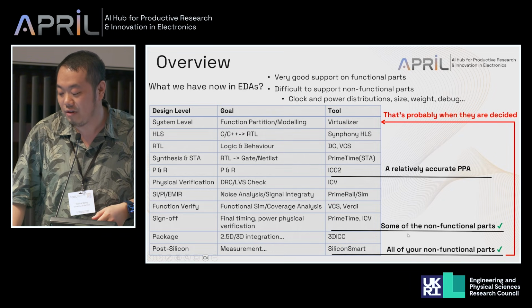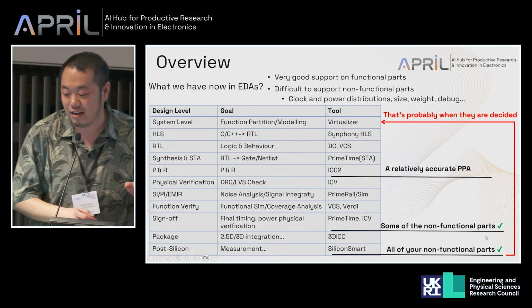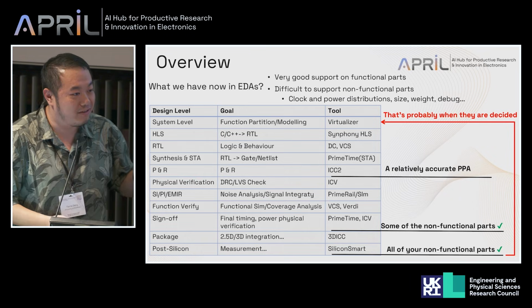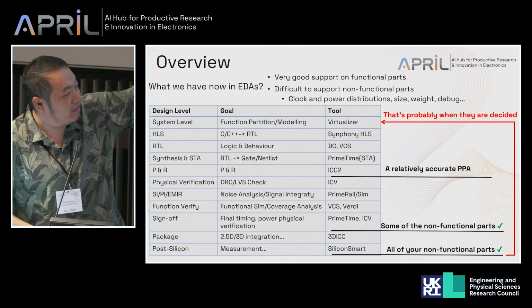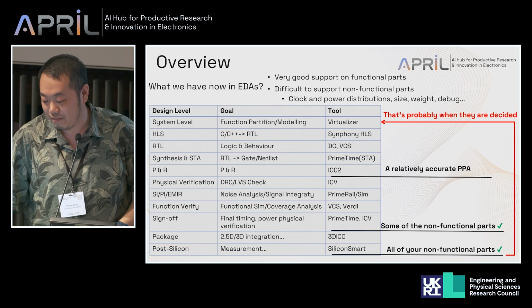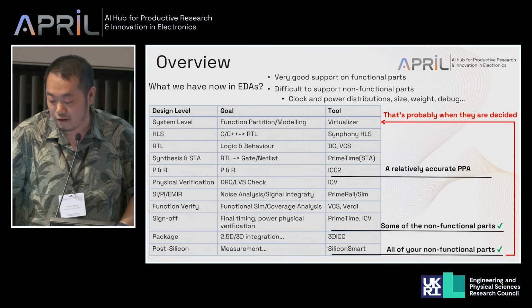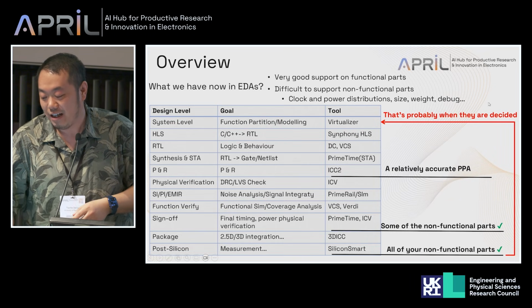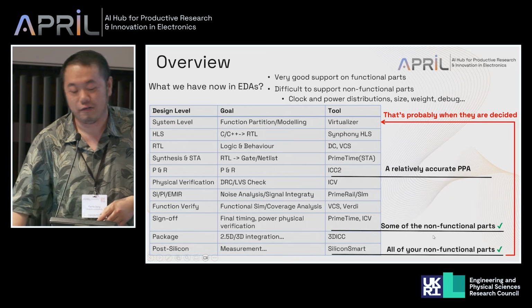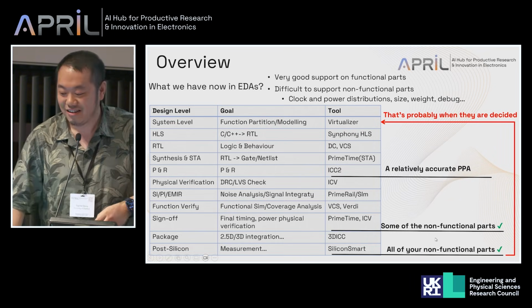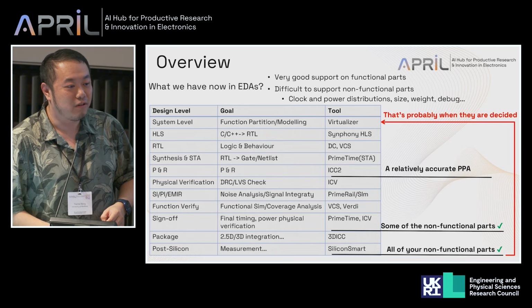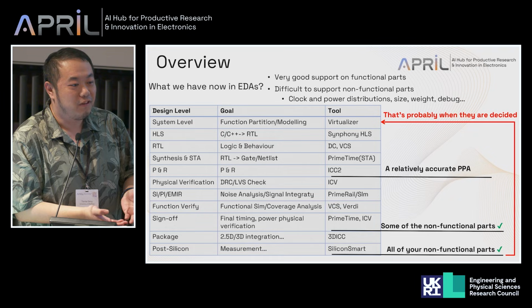And you get some of the non-functional parts like the clock and power distribution, wait size, how to debug the system, how you use the system at this stage. Then you get all of your non-functional parts by the end of the post-silicon measurement. And when are these non-functional parts decided? It's probably when you are trying to partition the system, when you're trying to design the plumbing of the chip.